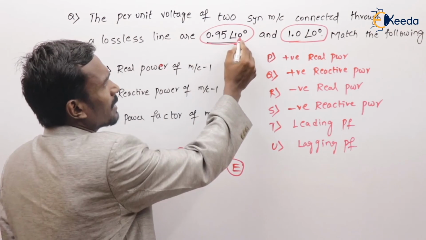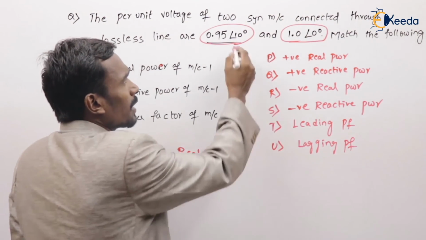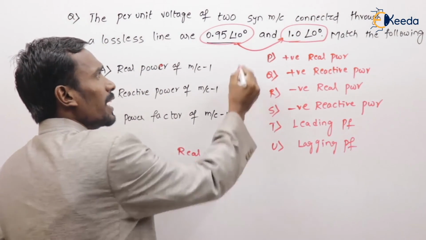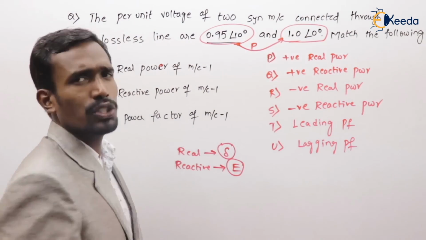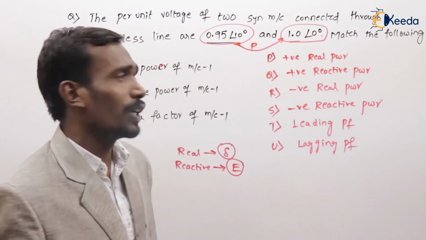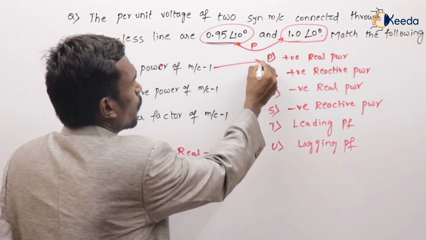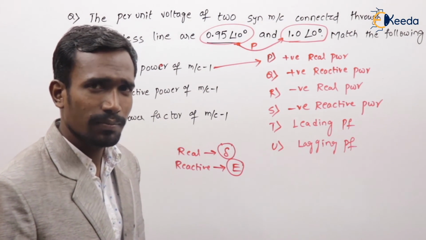Here machine 1's delta is greater than machine 2's, so the real power flows from machine 1 to machine 2. Machine 1 is delivering the real power, so its real power is positive.